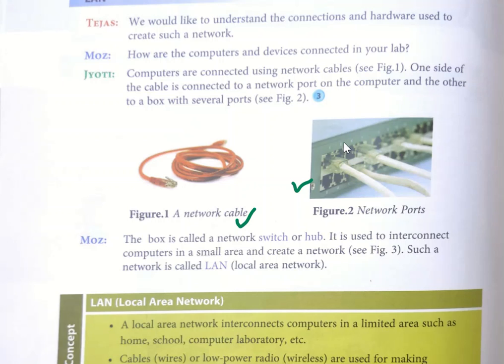As you can see, at the back of the connecting device, we have various holes. These holes are known as ports. So, the other end of the wire gets connected to one of the ports of the connecting device. In LAN, these network devices are known as a switch or hub.